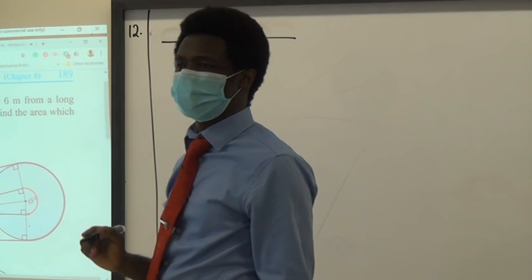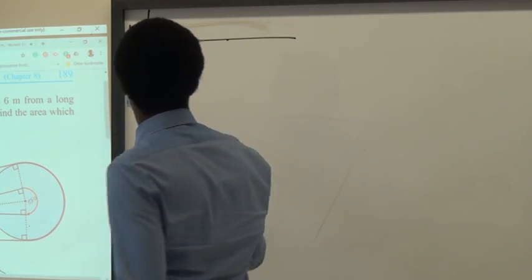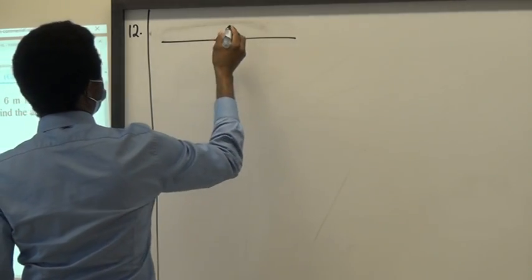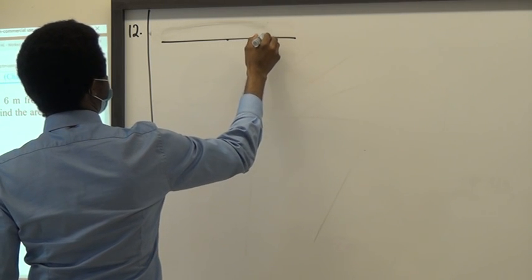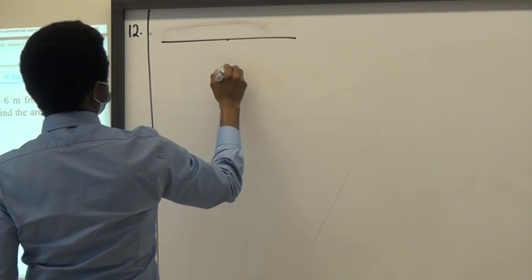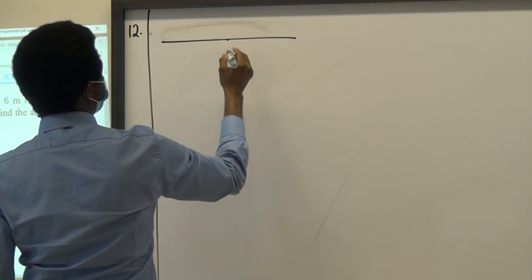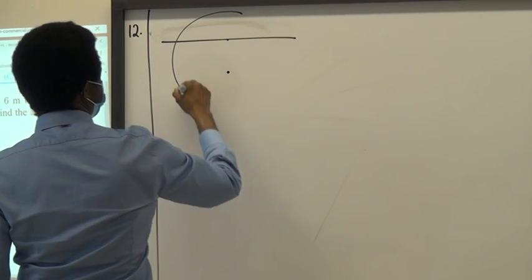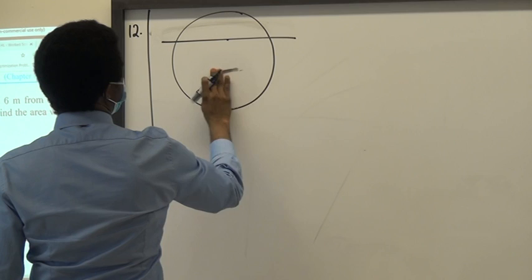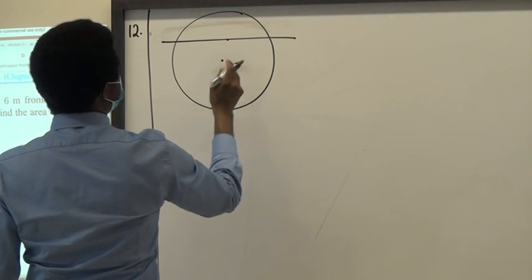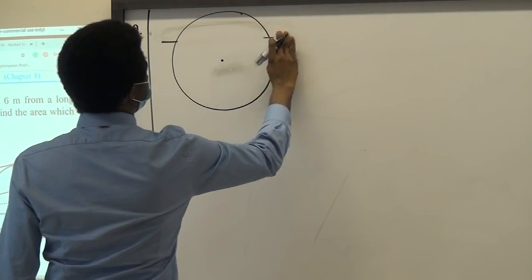Now it's just a sketch. That's the point I'm trying to make. Okay? You have to try to present your work properly. So I'm going to draw a circle. This is the center where the sheep is tied. I know it doesn't look like a good circle. Please don't tell anyone my circle is horrible.